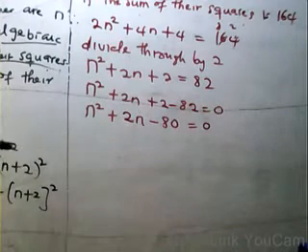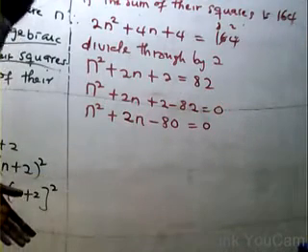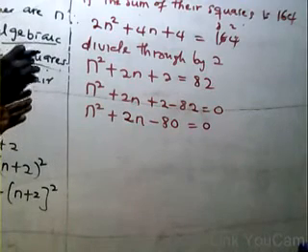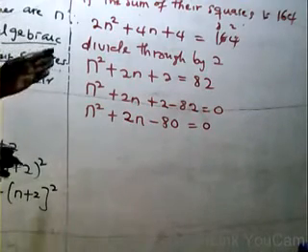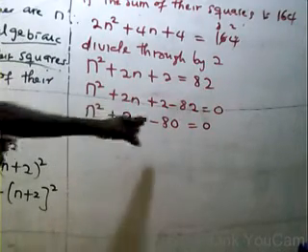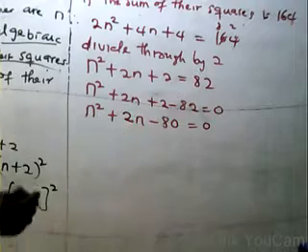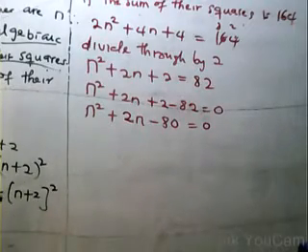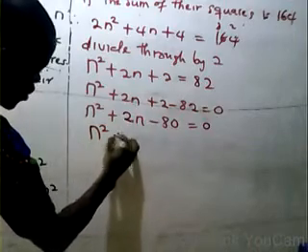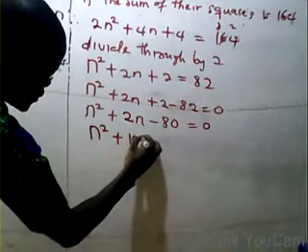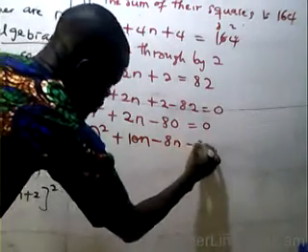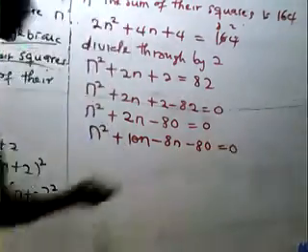When you still divide it by 2 until the lowest term, out of those listed factors, you start dividing them, using 80, until you get the perfect factors. So for this one, you know the factors will be plus 10 and minus 8. So we now have n squared plus 10n minus 8n minus 80 equals 0.